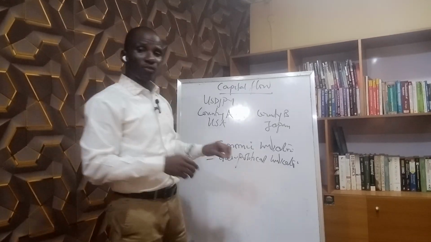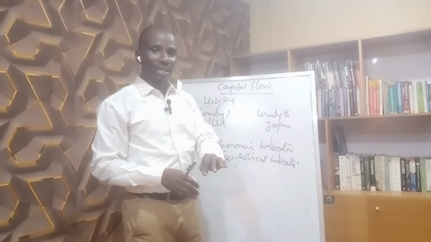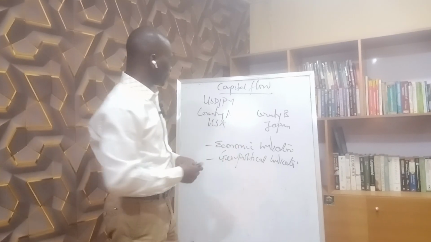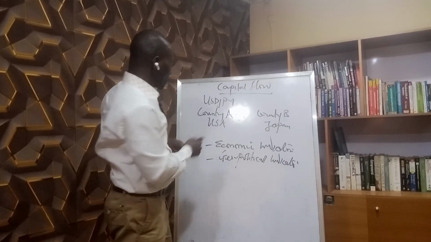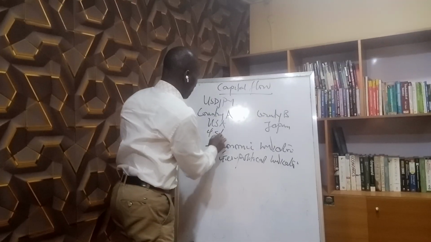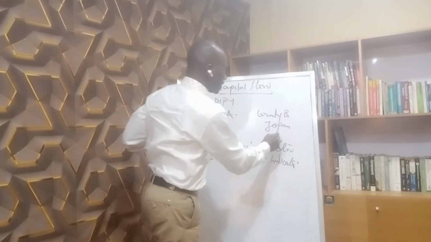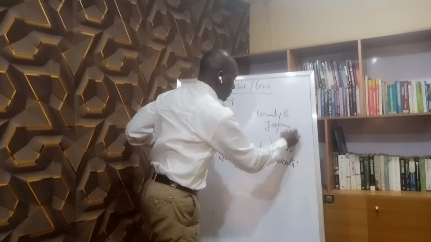Now, as of today, 12th of May 2025, the interest rate for USA is 4.5 and that of Japan is 0.5%.